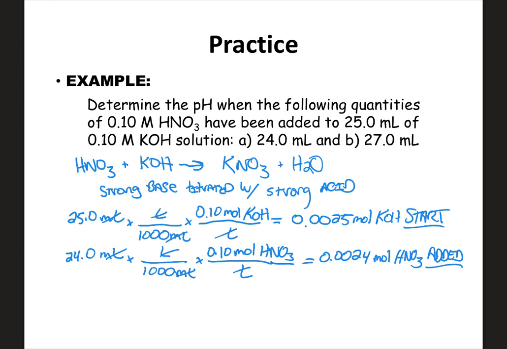So essentially here, think about what's actually taking place. Remember, from this particular reaction, this is a 1-to-1 ratio. So if I'm adding that many moles of acid, I am destroying the same amount of base.